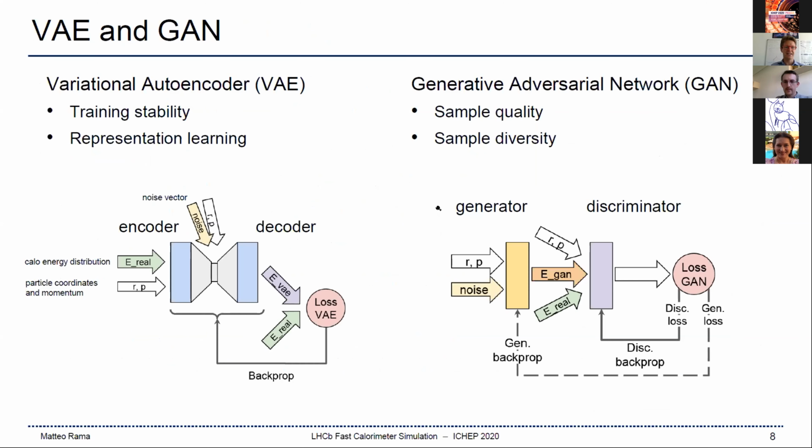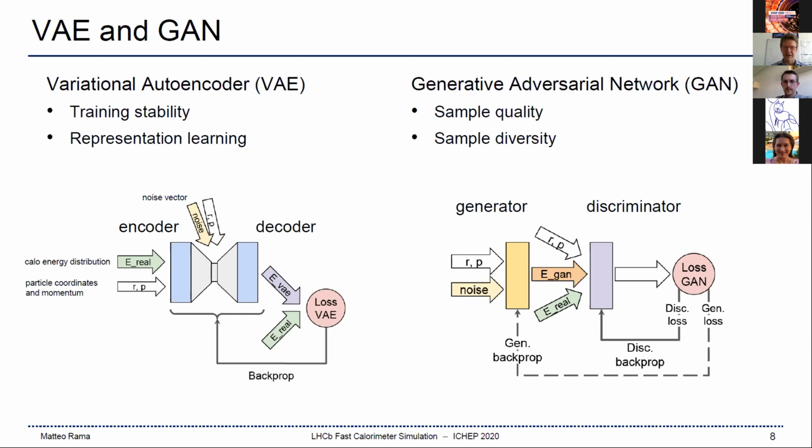So the idea here is to combine two generative models, the variational autoencoder and the GAN. The training of the variational autoencoder takes as input the real hit distribution, which is encoded by the encoder into a lower dimension vector, which is then decoded by the decoder into a new image, which is compared with the original one.